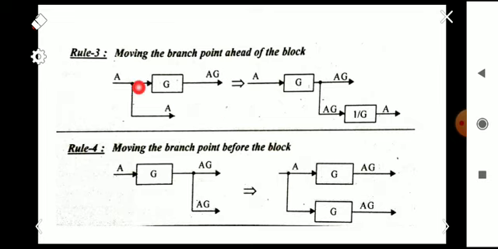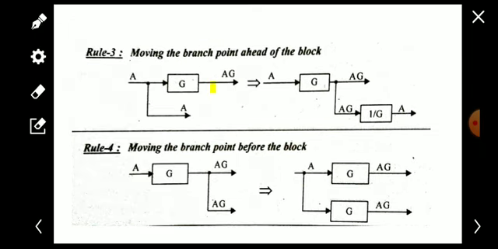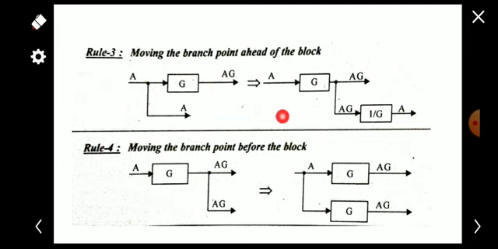So if you are moving this branch point after this G, the first one is AG, and the second branch will also be AG. That should not be there. We should get a value A here.